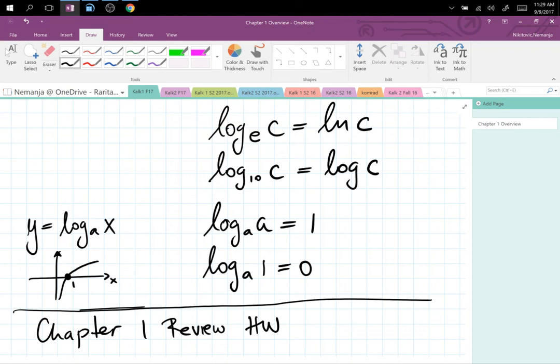The goal and purpose of chapter 1 is to put everyone on the same level, which is we need everything from chapter 1. If you can't solve some of the problems from that homework, that means that you are not ready for Calc 1, and because of that, you will have issues solving problems.